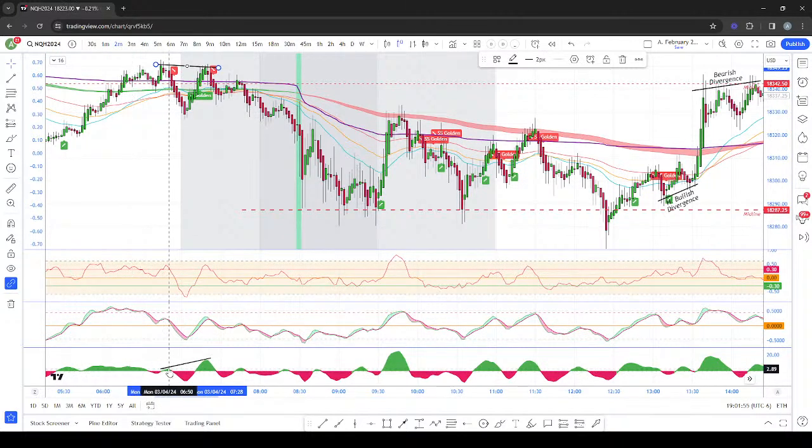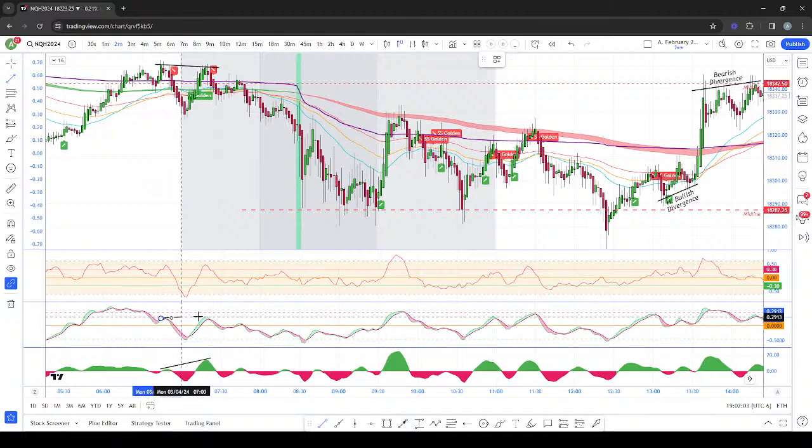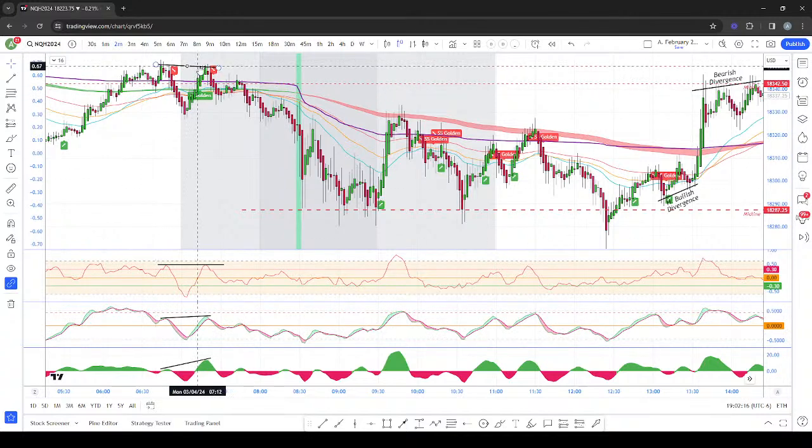So I already have the TTM showing it's making a higher high over here, and you can even see it on the TSI, and also we have equal highs on the UO right there. So we have three sets of confirmation here.